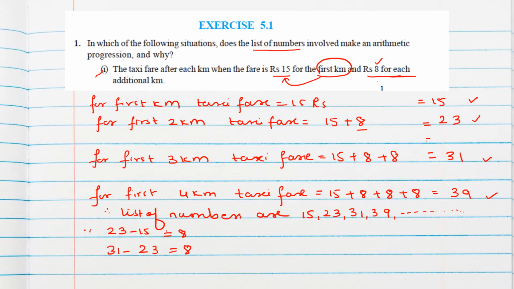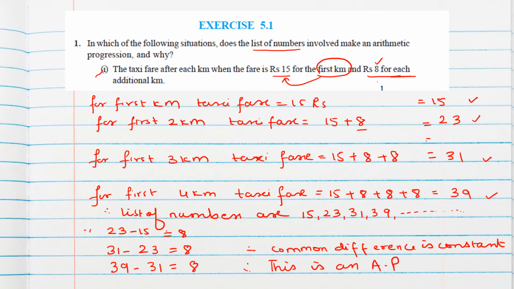And fourth term minus third term gives 8. Okay. So therefore the difference is common, constant. So therefore this is an AP, that is arithmetic progression.